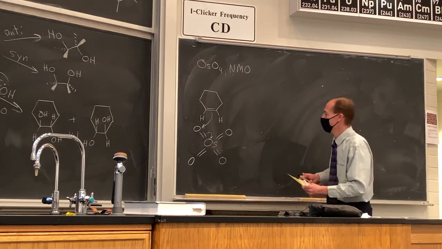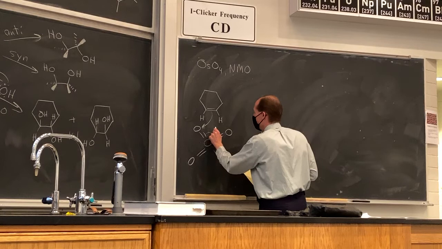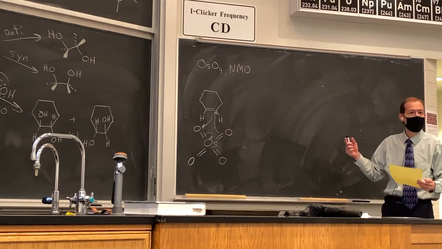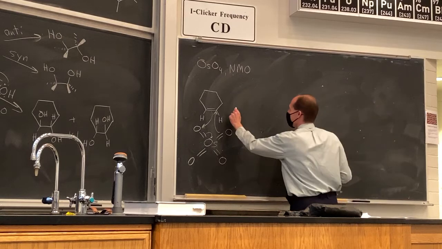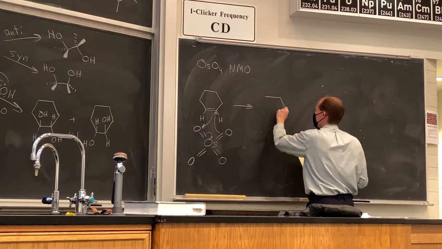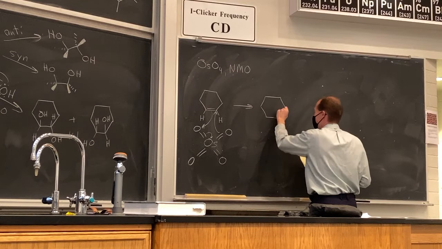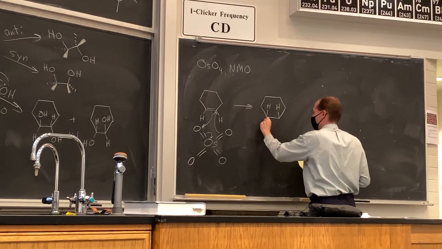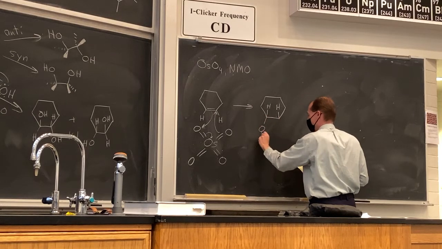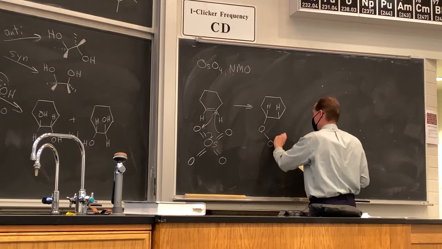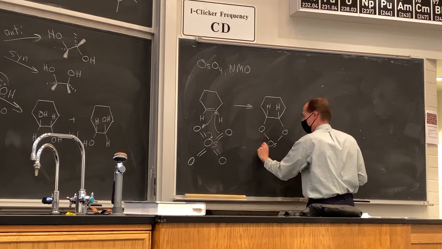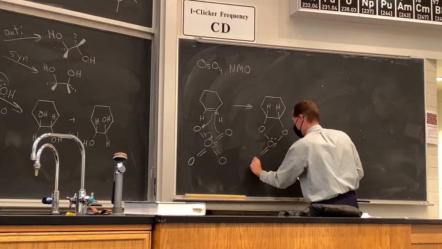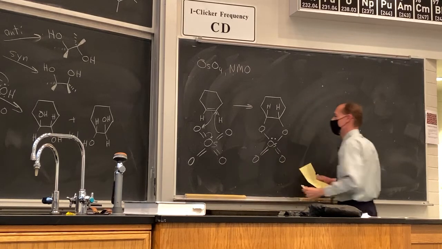But then we have another osmium-oxygen pi bond that we can use to make a second carbon-oxygen sigma bond. So that's going to give us a bicyclic species looking like this. And then we'll put a lone pair on our osmium. We still have these osmium-oxygen double bonds.